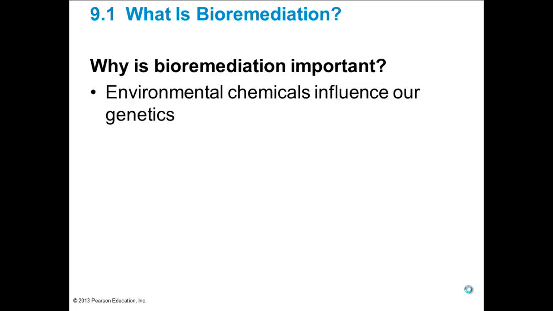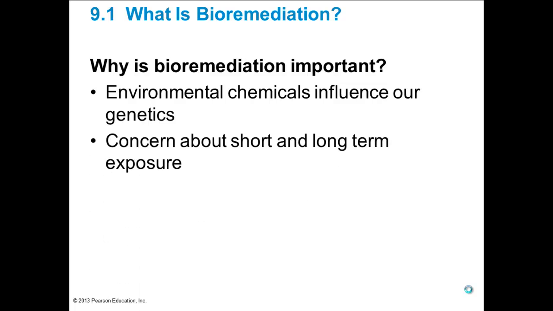It is important because we have a lot of environmental messes, and environmental chemicals influence our genetics. Not only do they influence our genetics, but they influence our bodies in general. And so we need to be very, very careful in terms of what chemicals have been disposed and what exposures are doing to human health as well as environmental health.